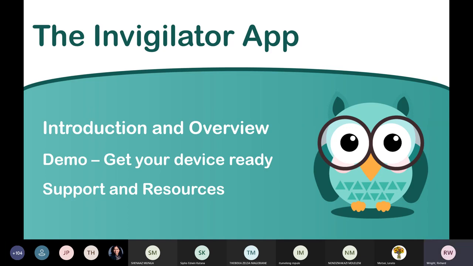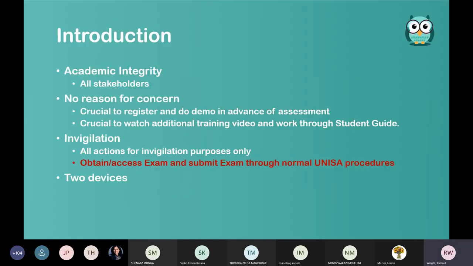Let's start with an overview of what the Invigilator app is and why we need it. It's all about academic integrity. When you went to a physical venue to write exams, there were invigilators walking up and down, checking your ID, making sure the photo on the document is actually you, and making sure you're not getting any assistance or using any scripts during the exam.